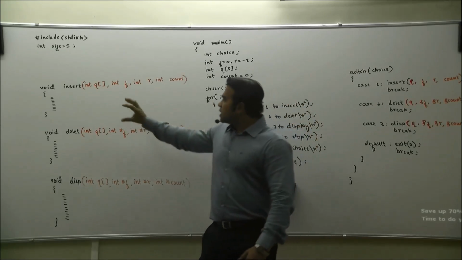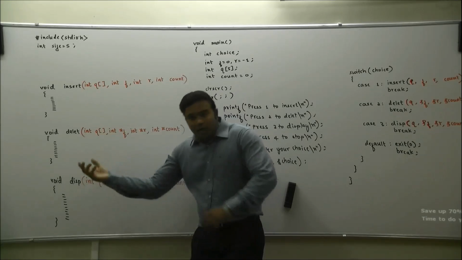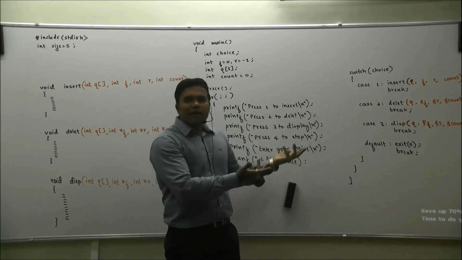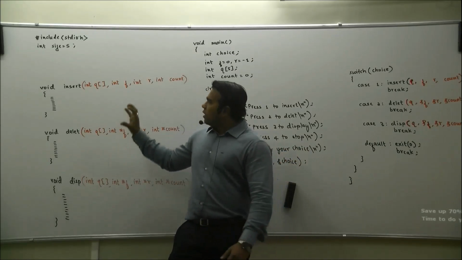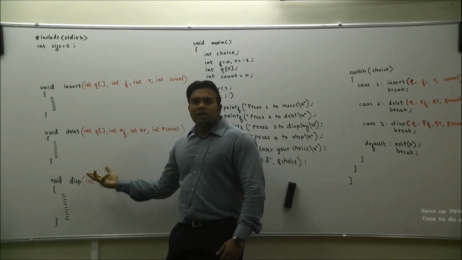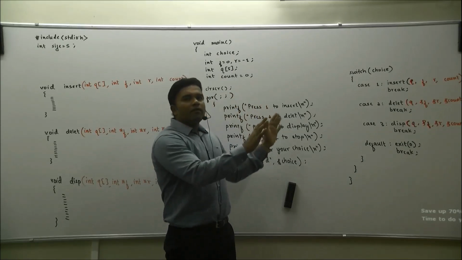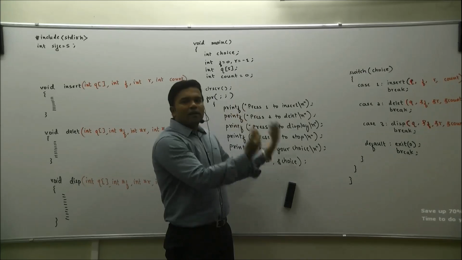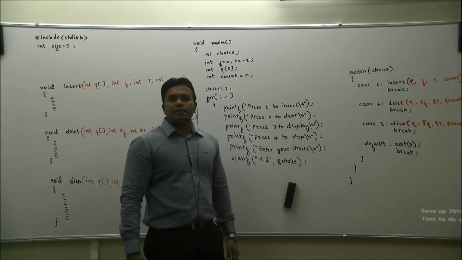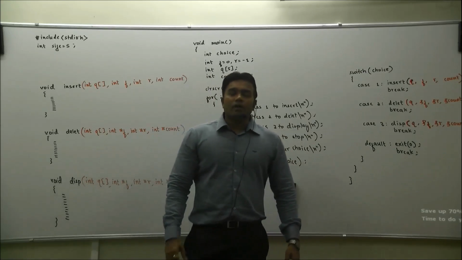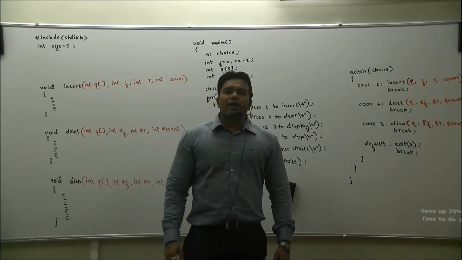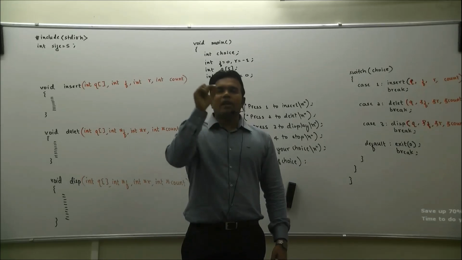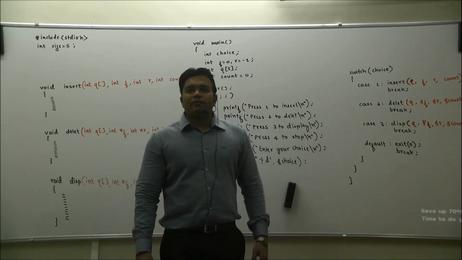Any changes that are made here should get reflected back here. Otherwise, if it doesn't get reflected back, with all your efforts you will make the changes, but as far as main is concerned, front is always 0, rear is always -1, count is always 0, meaningless it is. We want the changes to get reflected back, and if you want the changes to get reflected back, then we have to use pass by reference.